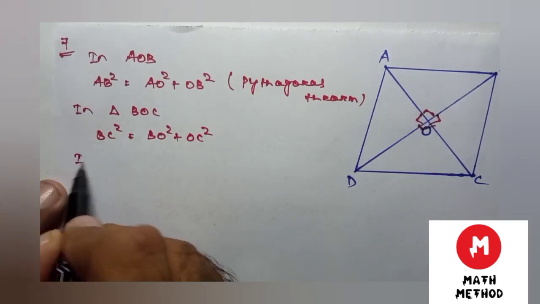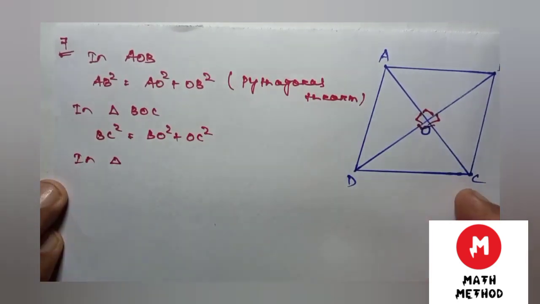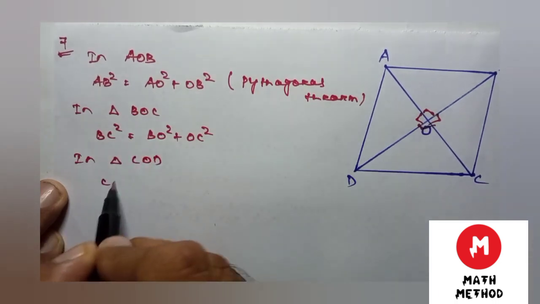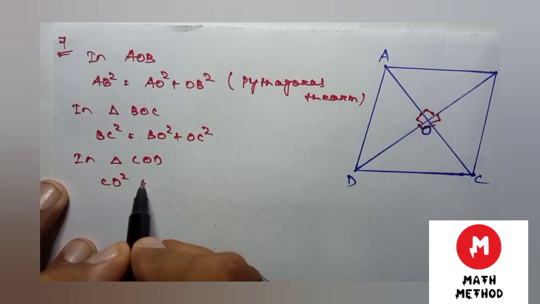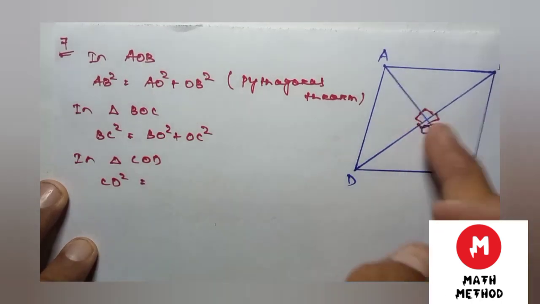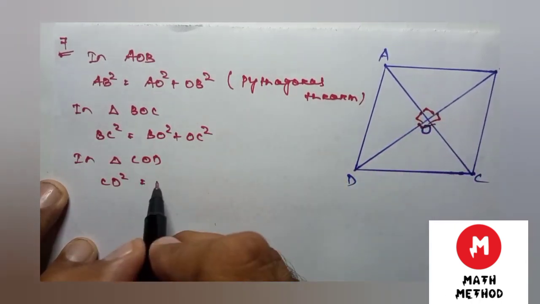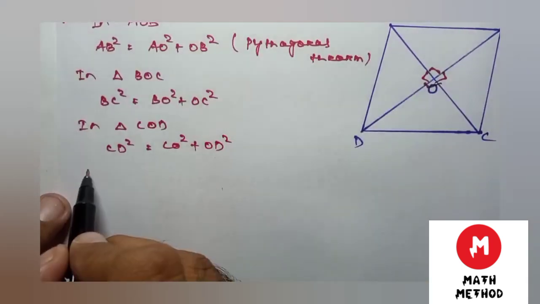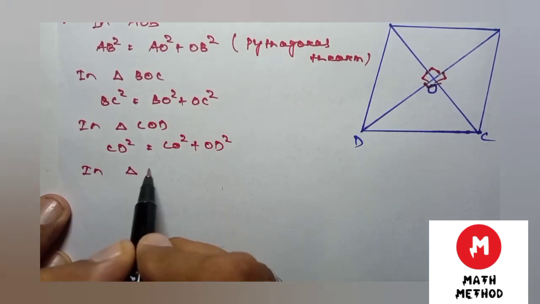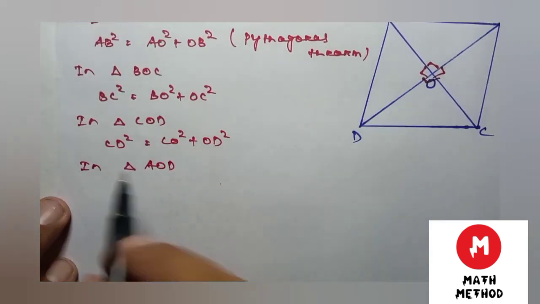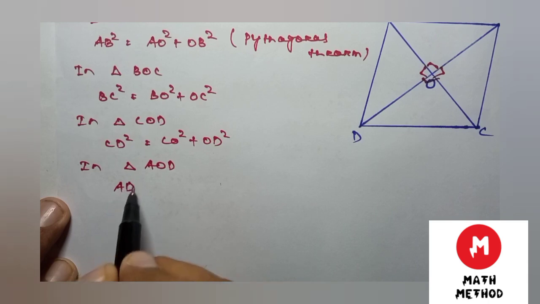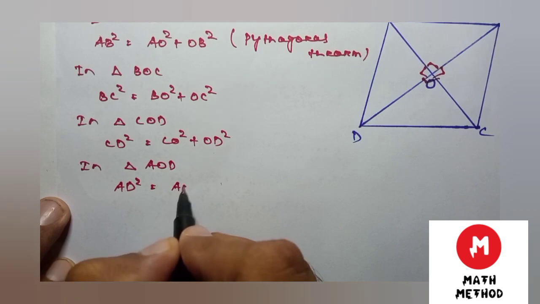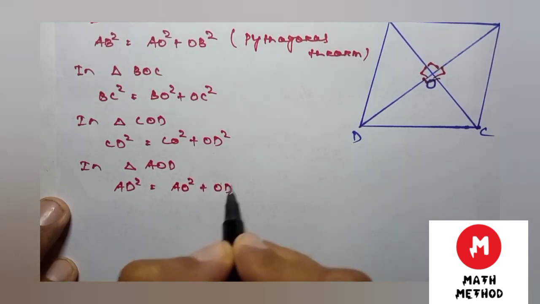And in triangle COD, CD square is equal to CO square plus OD square, and in the last triangle AOD, AD square is equal to AO square plus OD square.